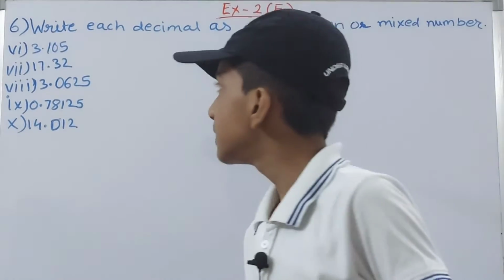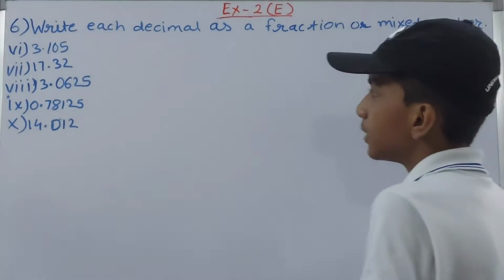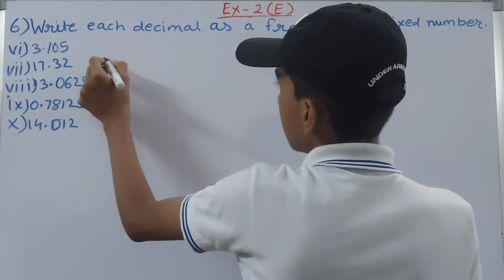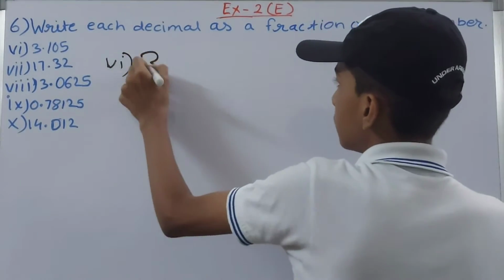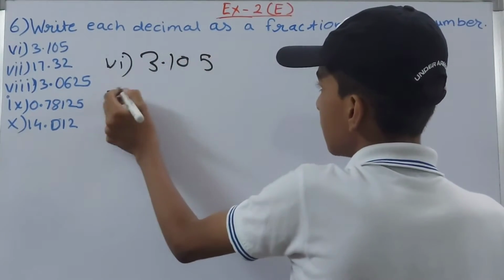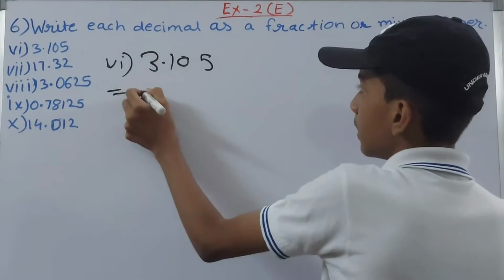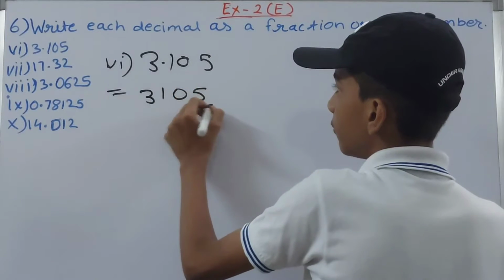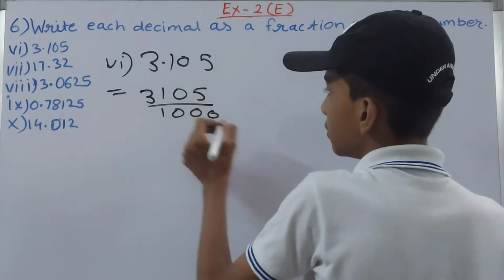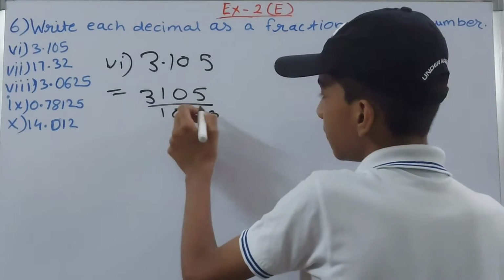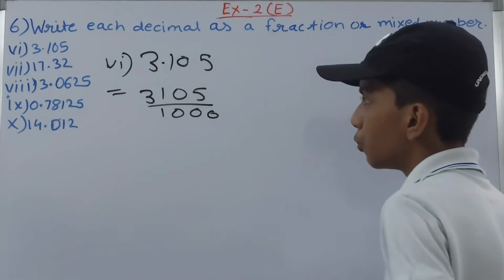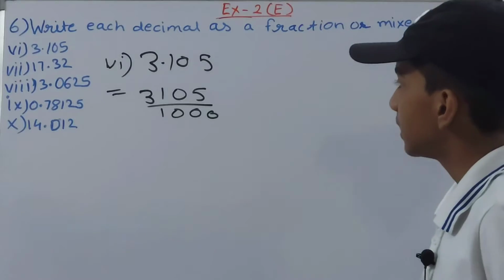Now the next part is the 6th part, which says 3.105. This can be written as 3105 upon 1000, and we simplify it. Can we simplify by 2? No. By 5?